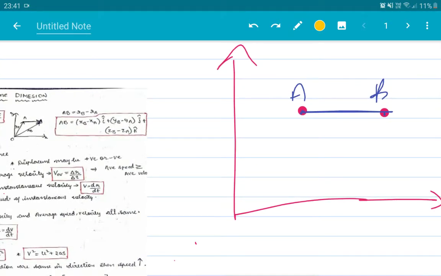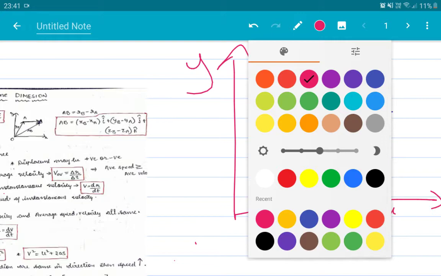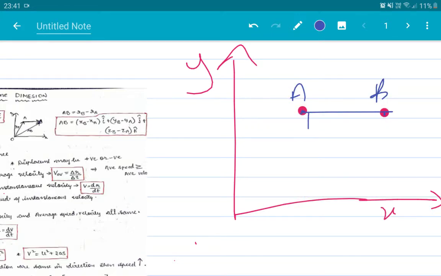As you can see here, XB, XA, now we have to take those. This is the x-axis we are considering in our condition. This is x and this is y. So definitely this will be XA and this will be XB.